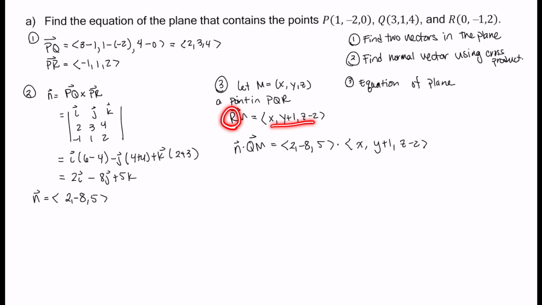I didn't have to use R. And we end up with 2x minus 8y minus 8 plus 5z minus 10 equals 0. So this is 2x minus 8y plus 5z equals 18. So this is the equation of our plane containing these 3 points.